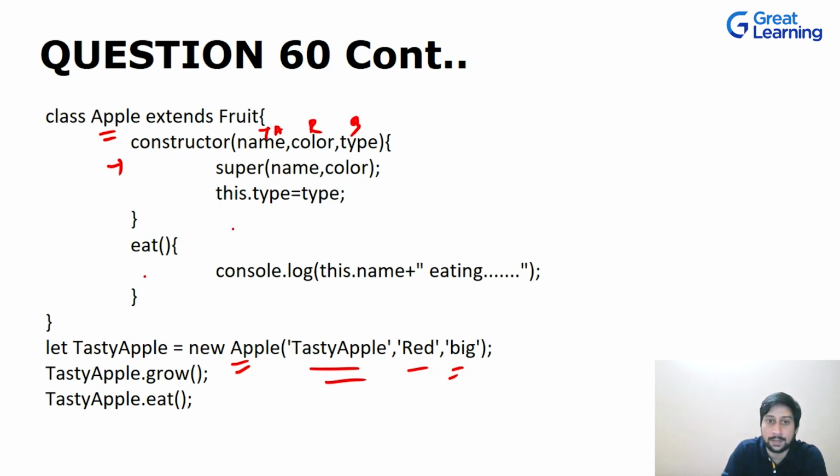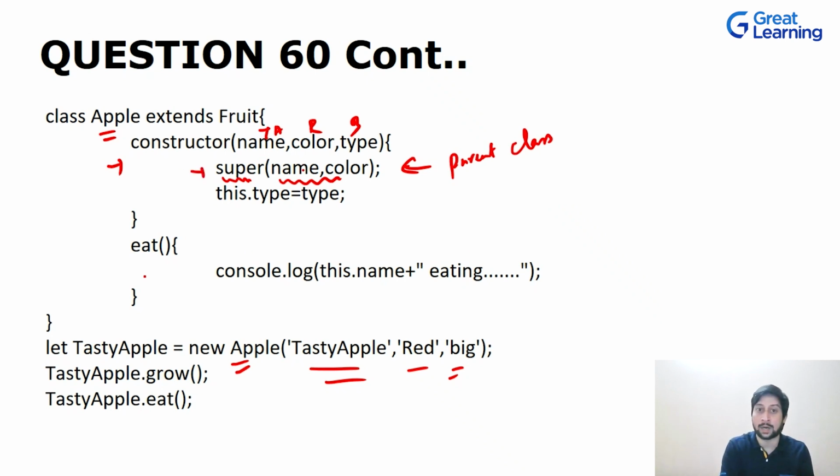Once this constructor is called, inside it you are using a super keyword which calls the parent constructor, and it should be the first line because the initialization takes place in the first line of the constructor. So if you're calling the constructor of the parent class, this super has to be in the first line.